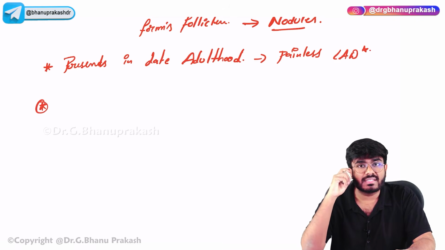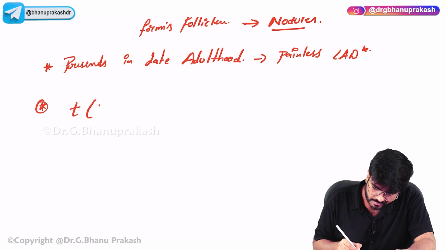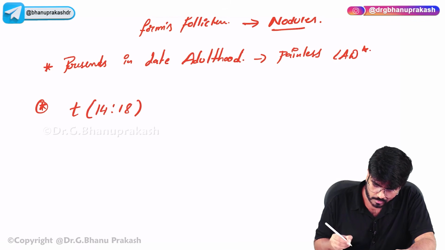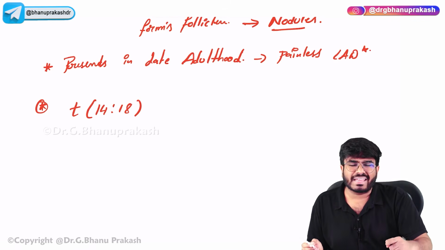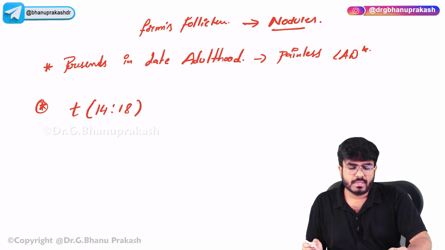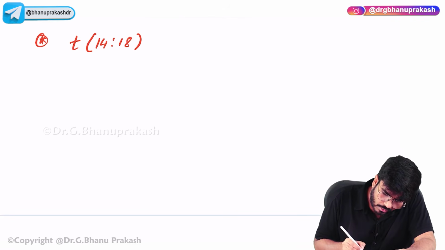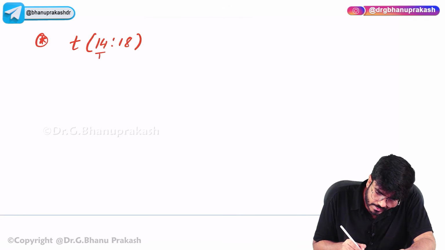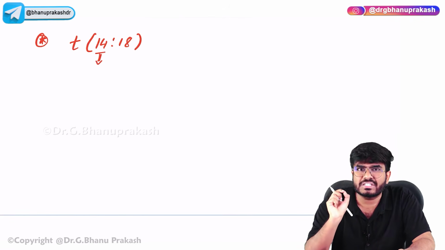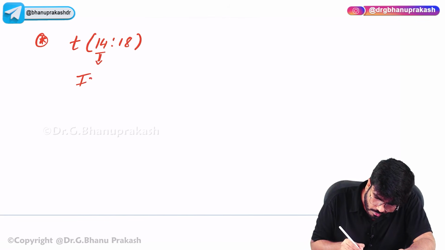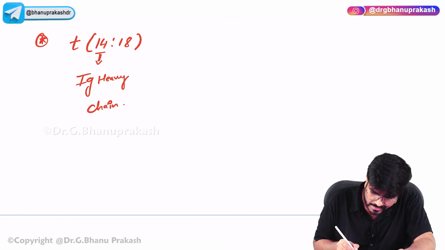This follicular lymphoma, what exactly is happening is a translocation between chromosomes 14 and 18. Translocation 14-18 is the one which drives this lymphoma. Now, if you ask me what is the problem in this translocation, see, on chromosome number 14, there is a locus, a gene for immunoglobulin heavy chain, Ig heavy chain, which is a very active locus.